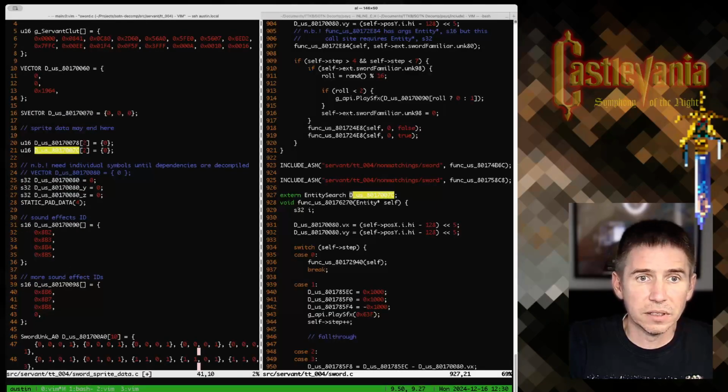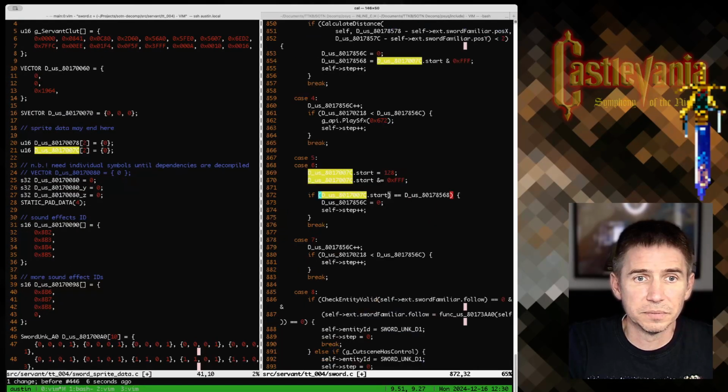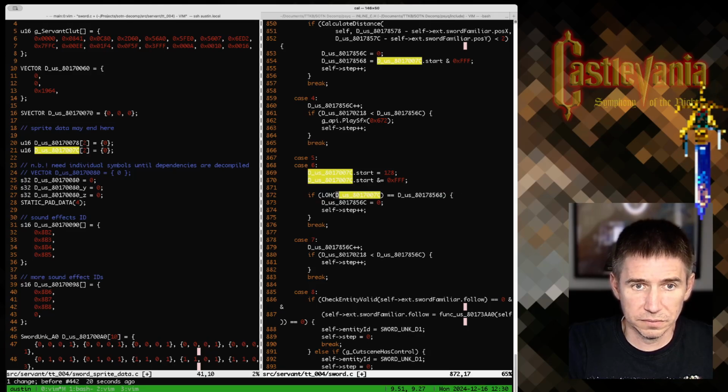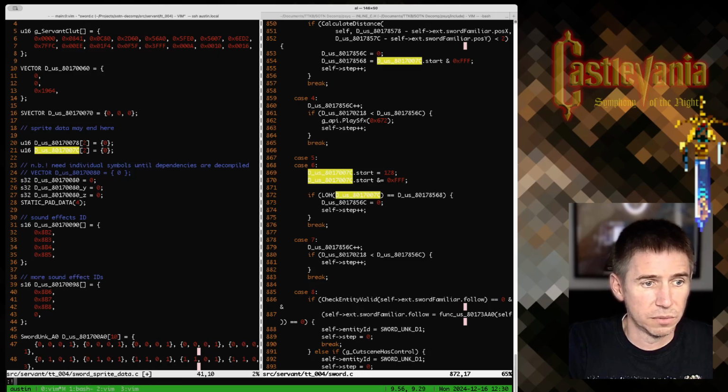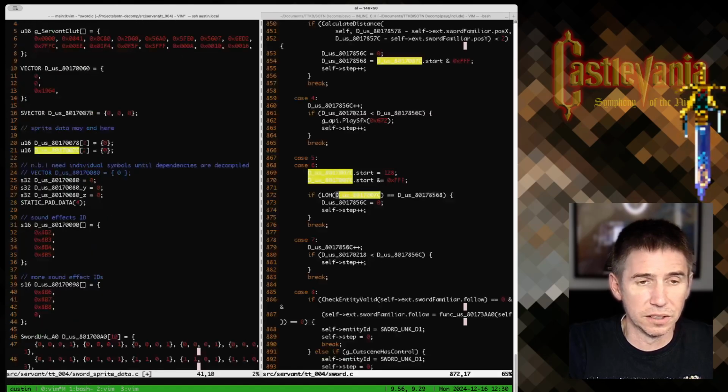Oh, and something failed along the way. Okay, let's see which one of these didn't work. Much harder to do it this way than in decomp.me.